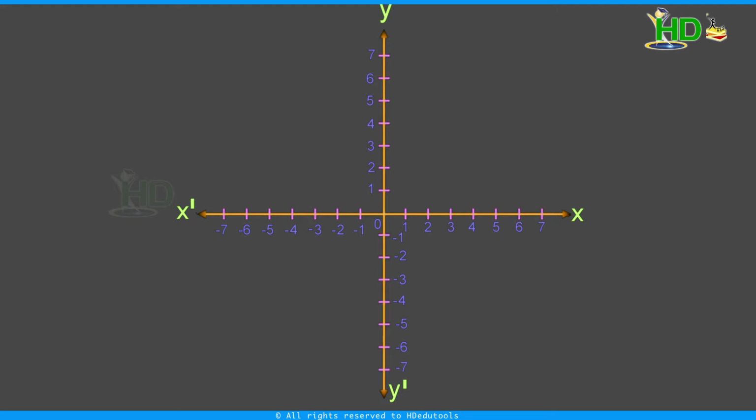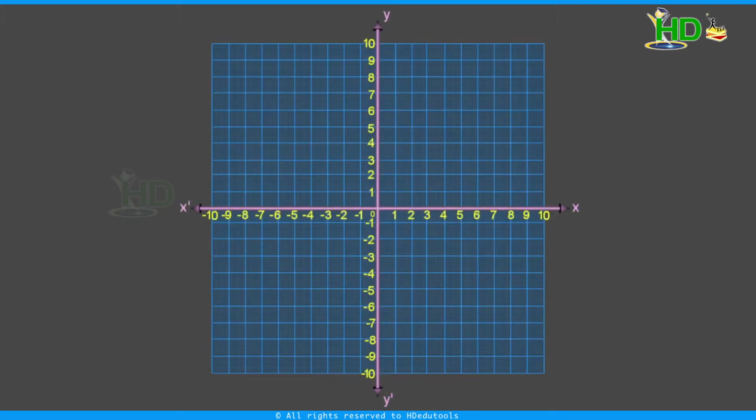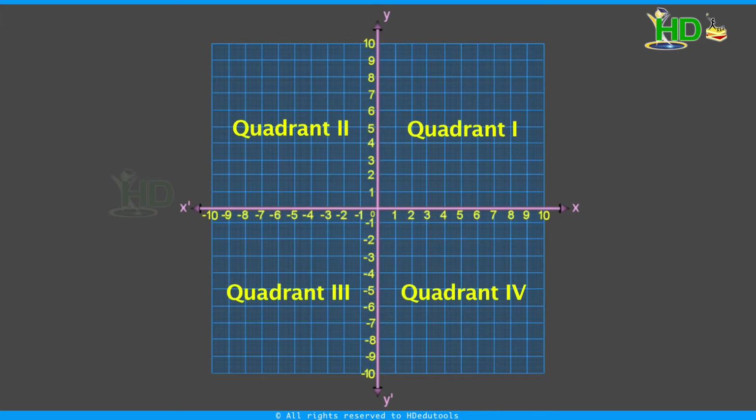OY prime, along which we have negative integers, is called the negative y-axis. Suppose we consider this on a plane. Now these two lines divide this plane into four parts. These are called quadrants, denoted by Q1, Q2, Q3 and Q4.